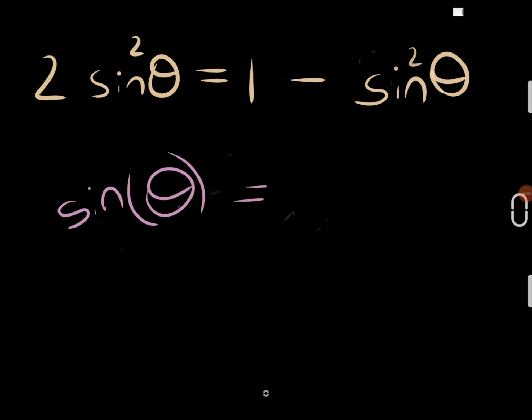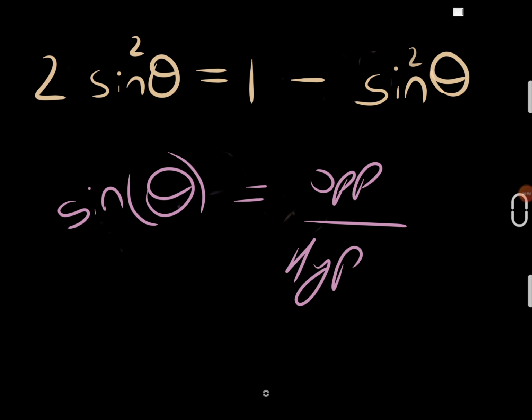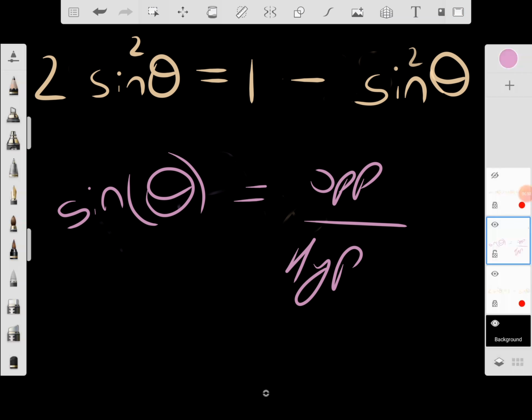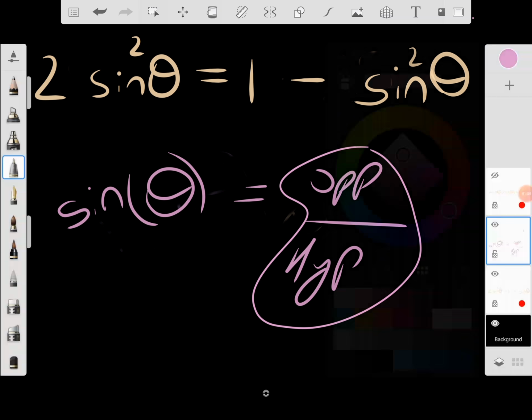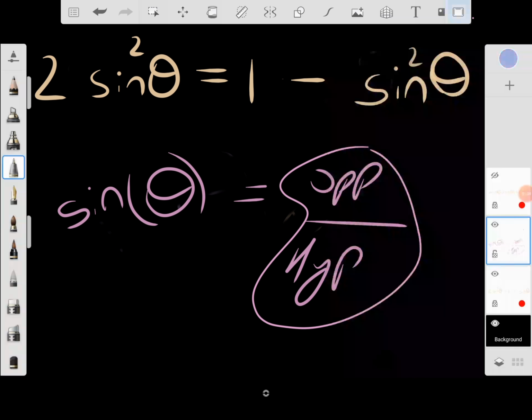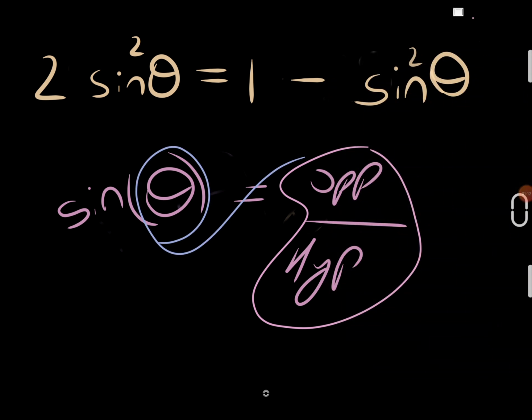Sine is a ratio. It is just a ratio that is opposite by hypotenuse. I am applying this ratio on what? On theta. This ratio opposite by hypotenuse, I am taking it with respect to the variable theta.